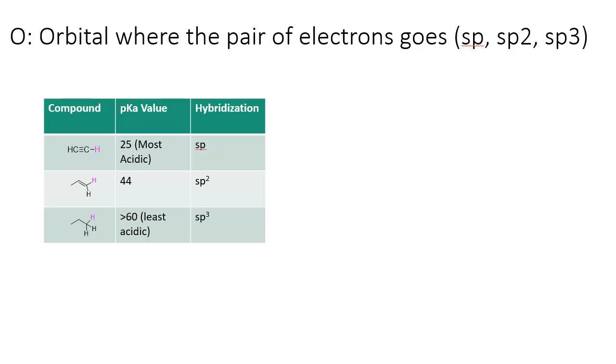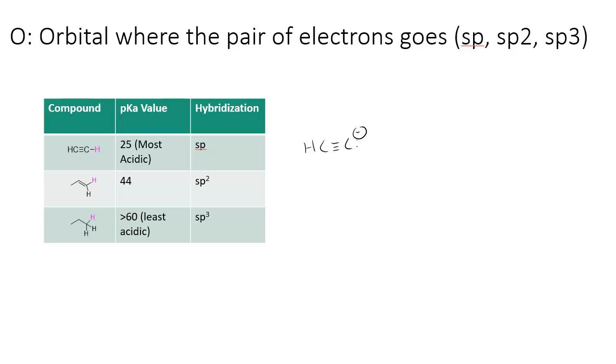All right, finally, let's look at the orbital where that pair of electrons goes. So if we deprotonate this proton and have our deprotonated alkyne, we still have our HC and we have that triple bonded to a carbon, which now has a lone pair and a negative charge. These electrons, so this lone pair of electrons, reside in the sp orbital.